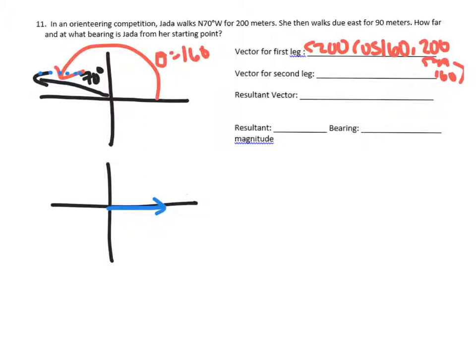So if she goes due east, that basically is 0 degrees. And she's going 90 meters. So this is 90 cosine 0, 90 sine 0.